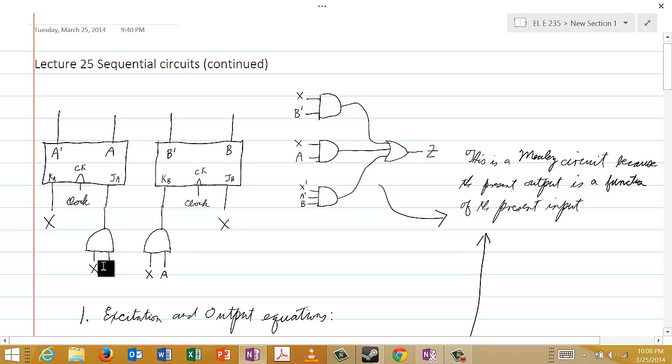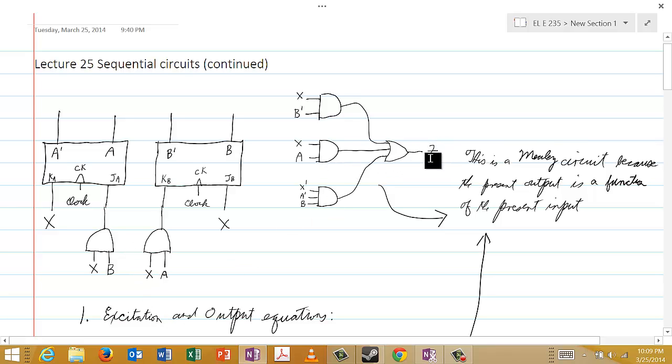Down here, B, of course, refers to this, and A here refers to this. So you should imagine that there's a connection between this output and this input line to this AND gate. And likewise, from the output of this flip-flop here to this AND gate.